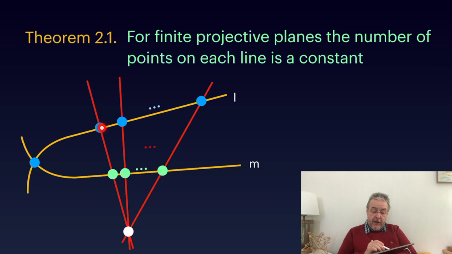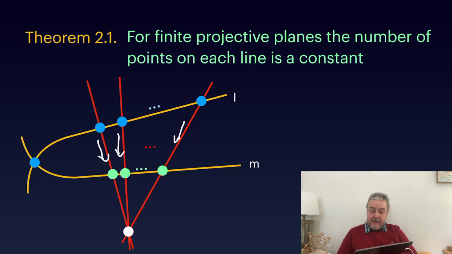So each point here corresponds to a point here. So from each point here, we can construct one point on line M. You could even call that a projection here. So if you look at that, we project line L on M through this point here. So you see perspectivities shine through at that point.